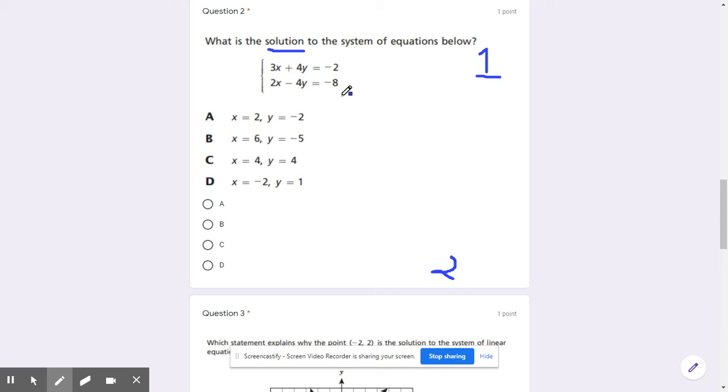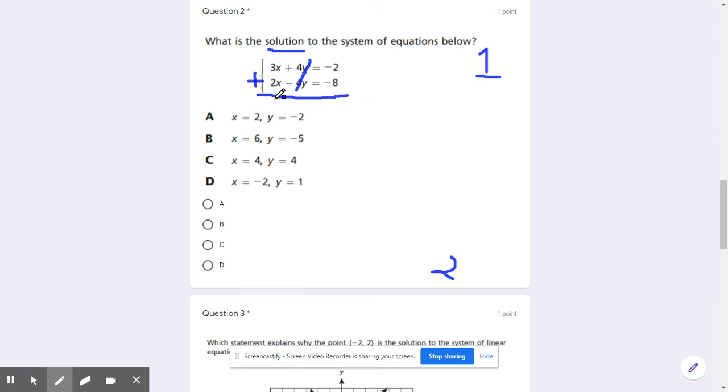Hint number 2. If we're using the elimination method, that means we're going to take the two equations and we will add them. Now, when we add the two equations, the 4y and the minus 4y will be eliminated. So we eliminated the y variable, and we're left with the x variable.